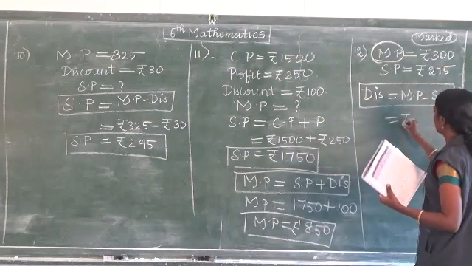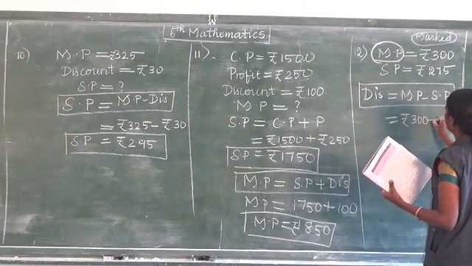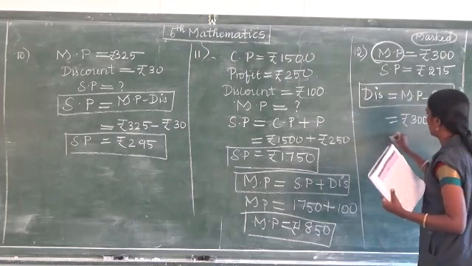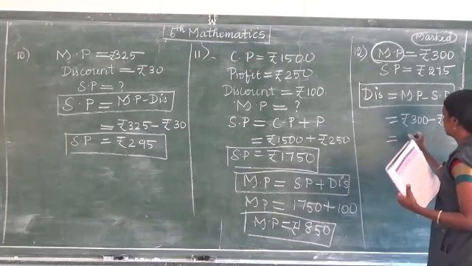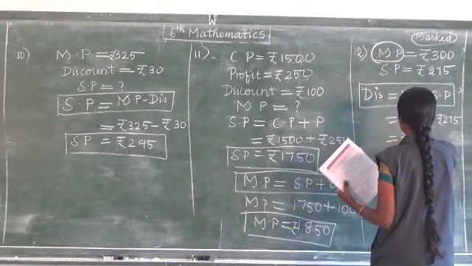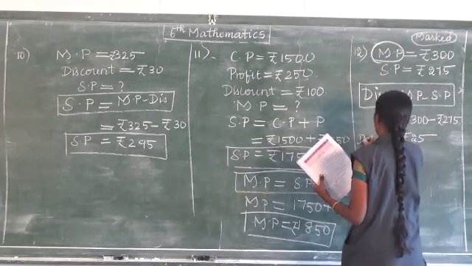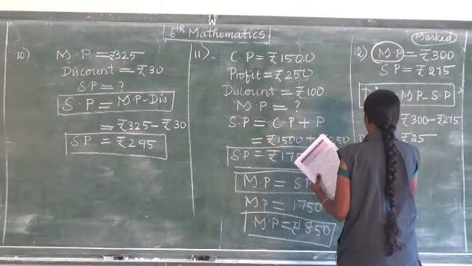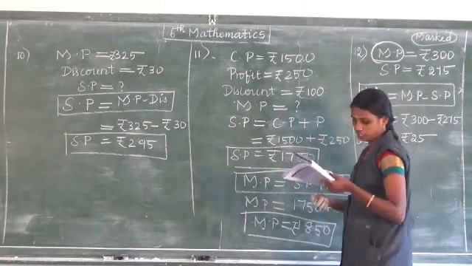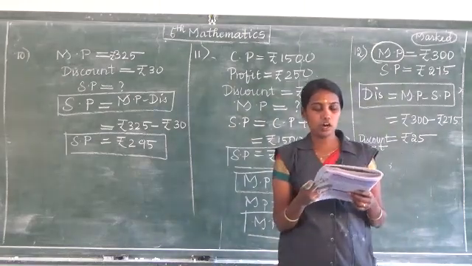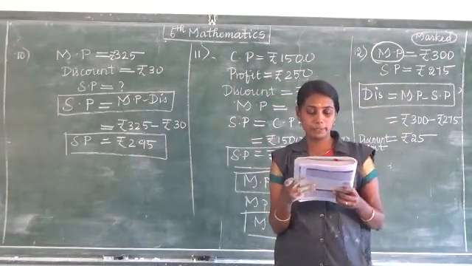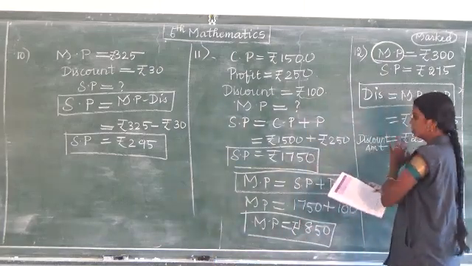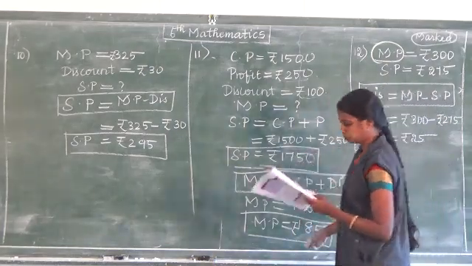Marked price is 300, selling price is 275. 300 minus 275 is 25. The question they asked is what was the discount offered by her per pack? Per pack, so for one pack, how much is the discount? 25 rupees is the discount.